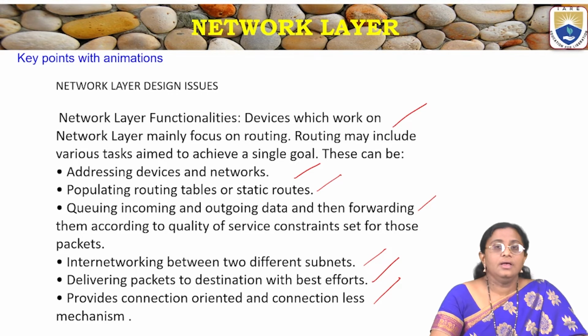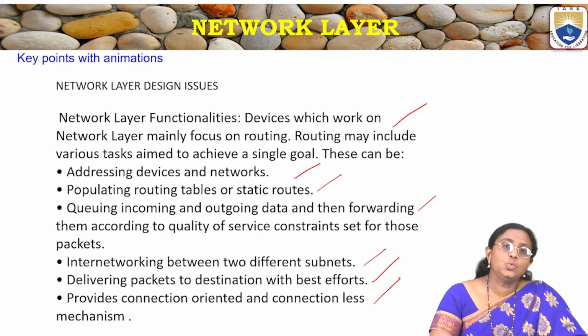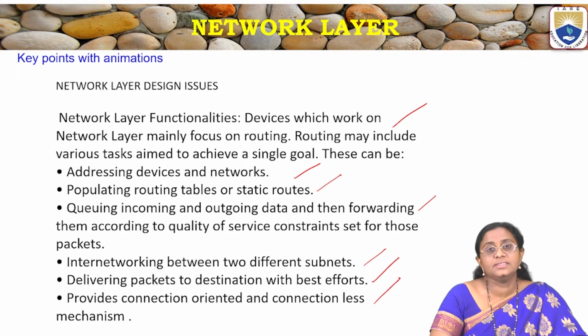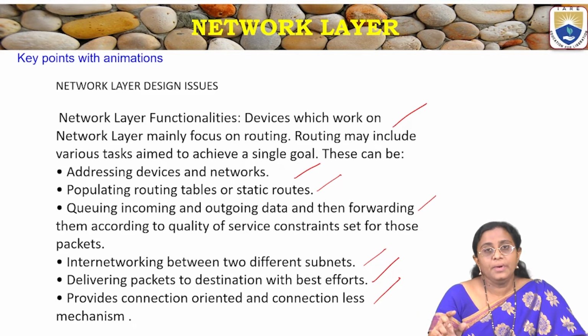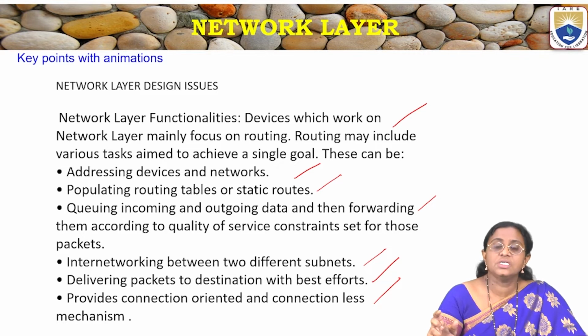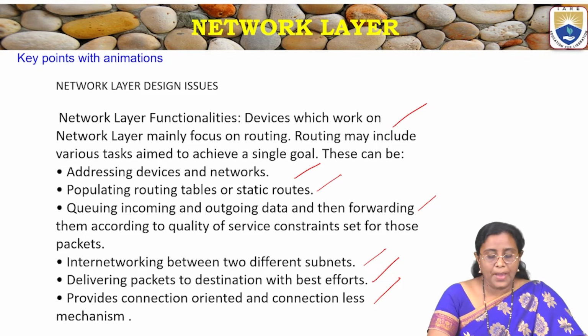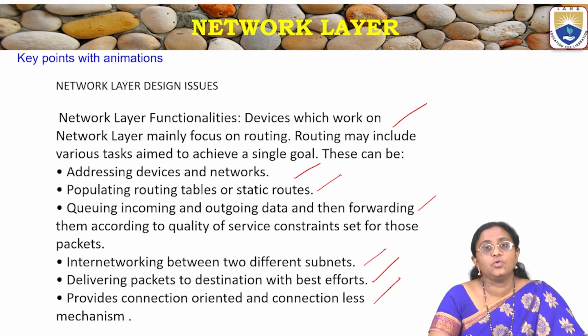Coming to the last but one, internetworking between two different subnets. A subnet is a collection of many hosts. If you take two subnets, the internetwork is an interlinked connection between two switched networks. Then, delivering the packets to the destination with best efforts.